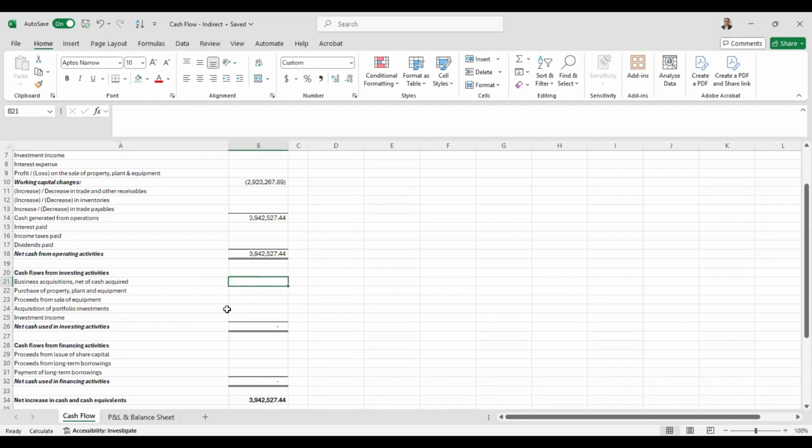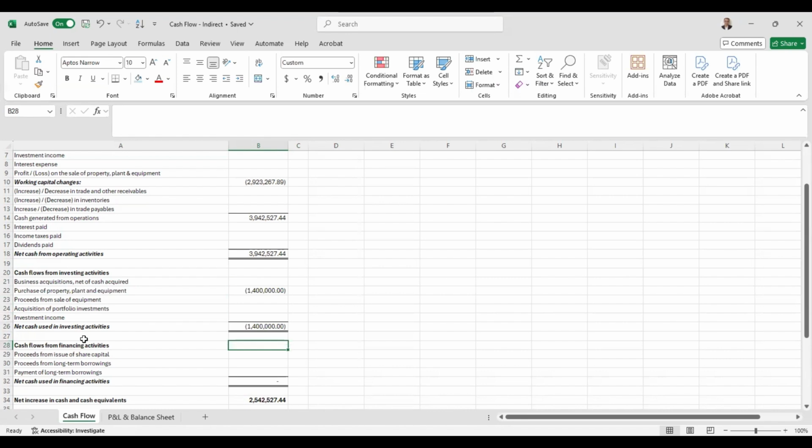So these two are my purchases. I would assume that I have made all of these purchases from my cash. So purchase of property, plant, and equipment, I would bring over here. And since this is cash outflow, I would subtract it. So 600,000 cold storage machinery and 800,000 furniture. This results in 1.4 million cash outflow.